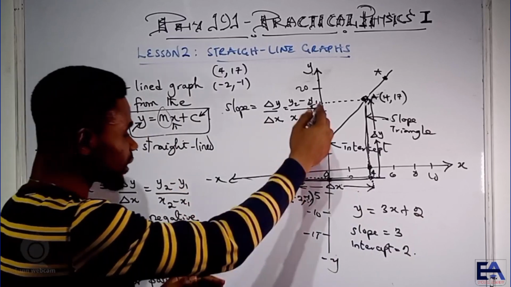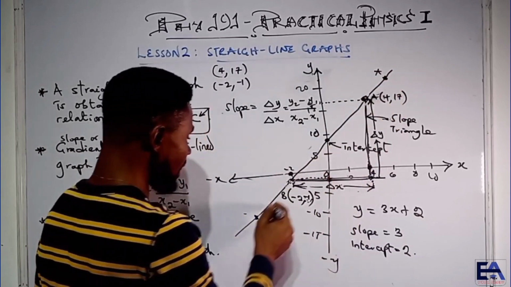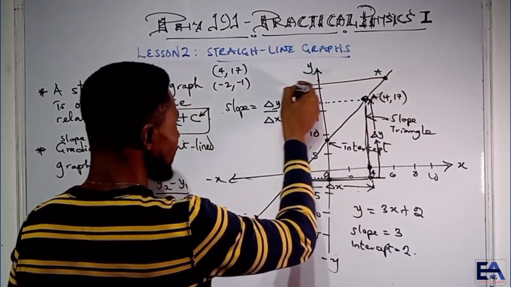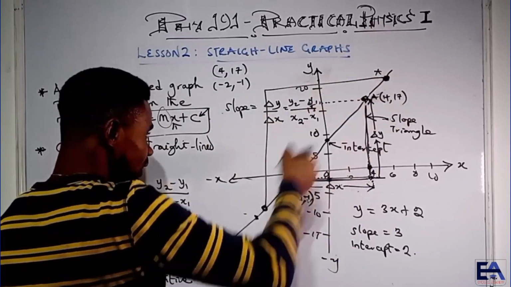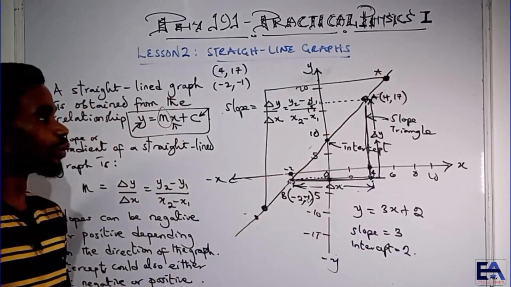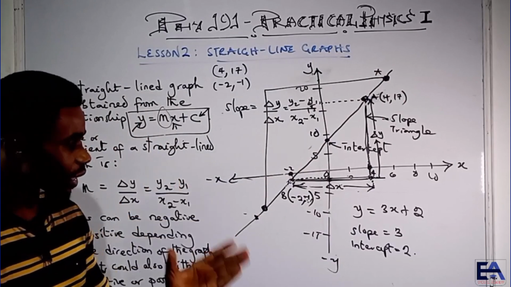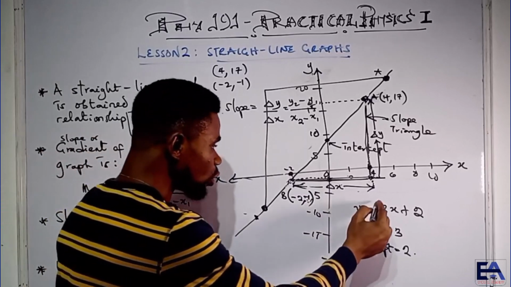And if you find the slope using any 2 points across the line, even though you pick it from here and here, as far as the 2 points are on the straight line graph, and you can get the value of x and y at each point, you will still get your slope, okay? So you will see that the slope of the graph, when you plot it, you are going to get 3.